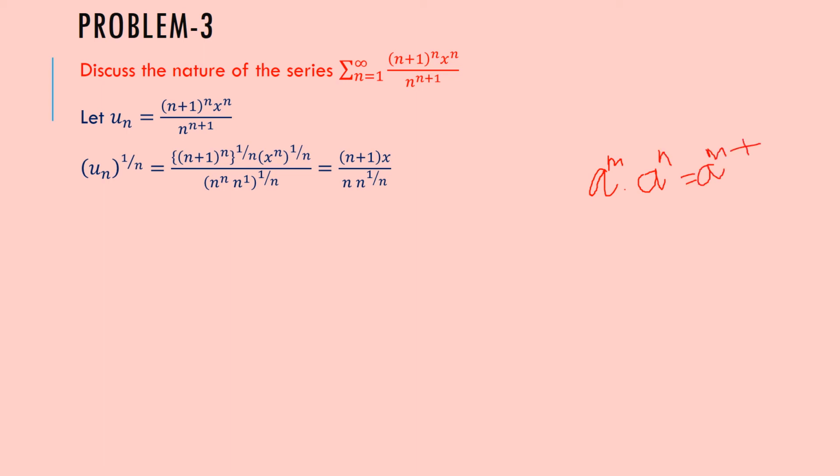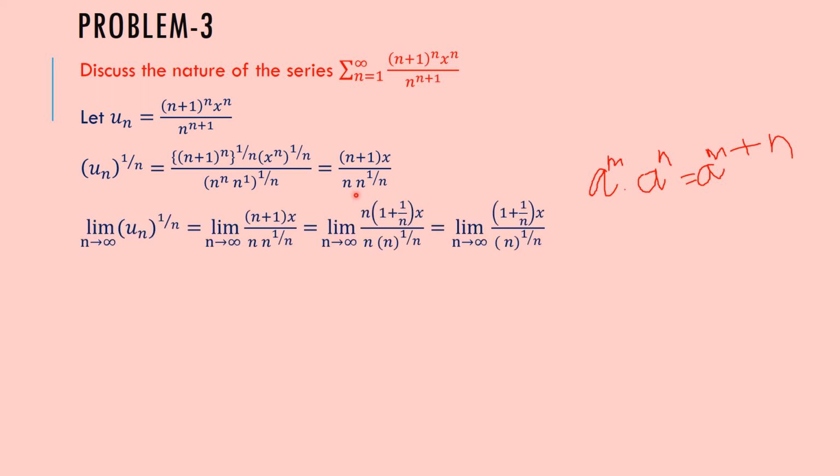This property is used here so that n power n plus 1 is written n power n into n power 1 whole power 1 by n. Simplifying, n plus 1 x and n into n power 1 by n.